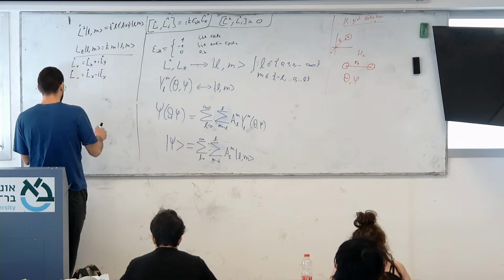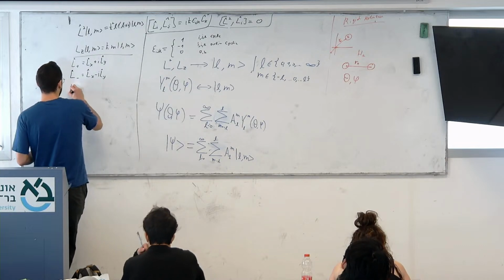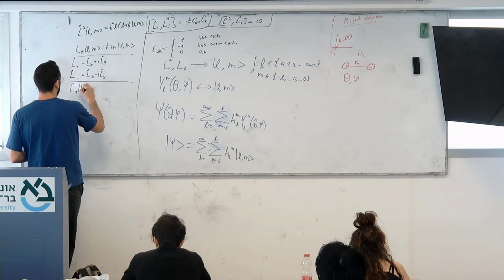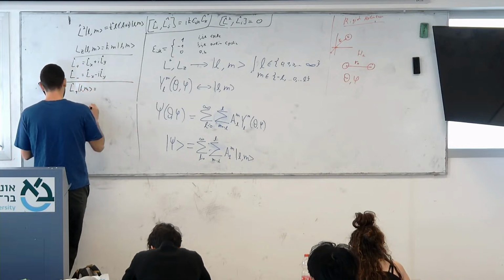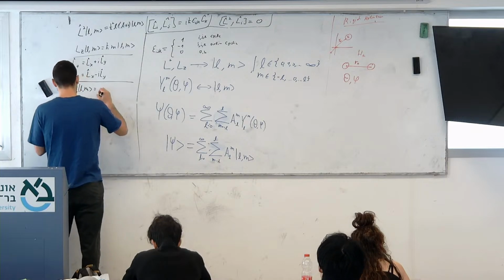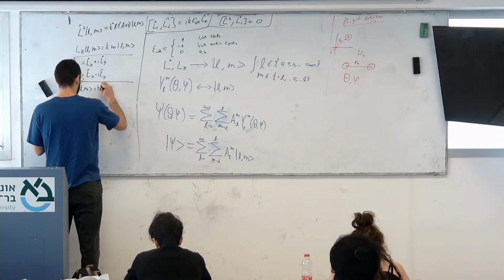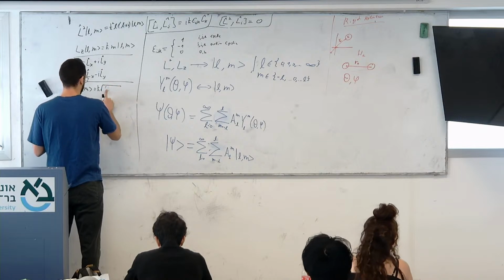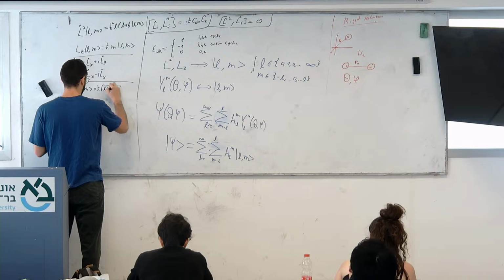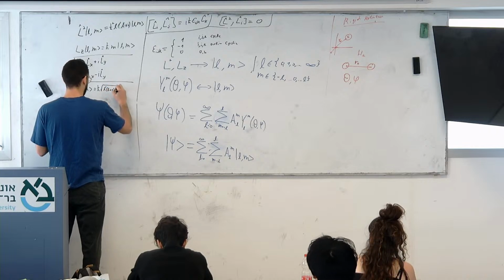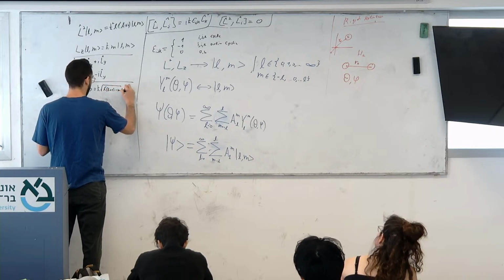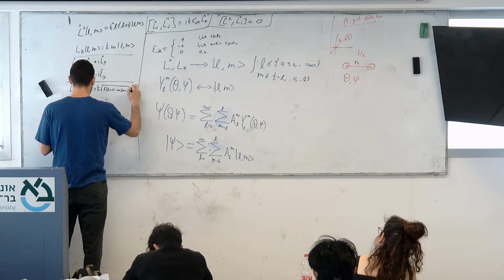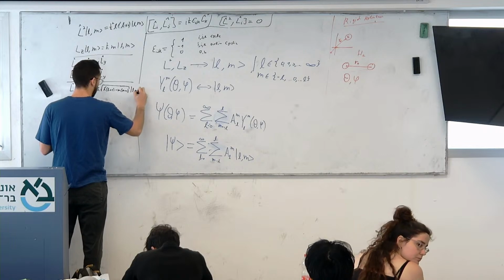So when we apply L plus on some state |L, M>, we're going to get ħ square root of (L plus 1 minus M plus 1)... |L, M plus 1>.